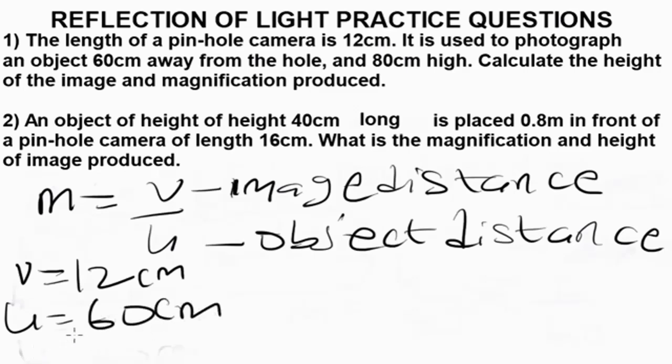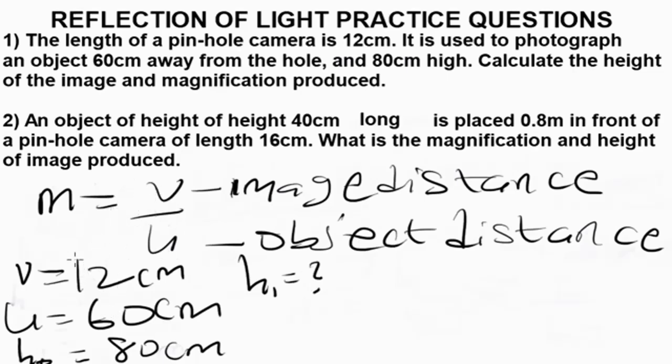Okay, we also have the object height, away from a hole and 80 cm high. The object height, which is HO, to be 80 cm, and we now have the image height, which is HI.